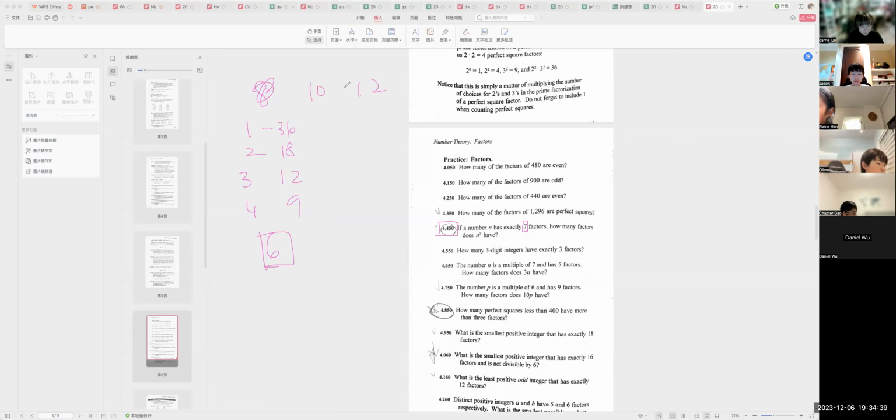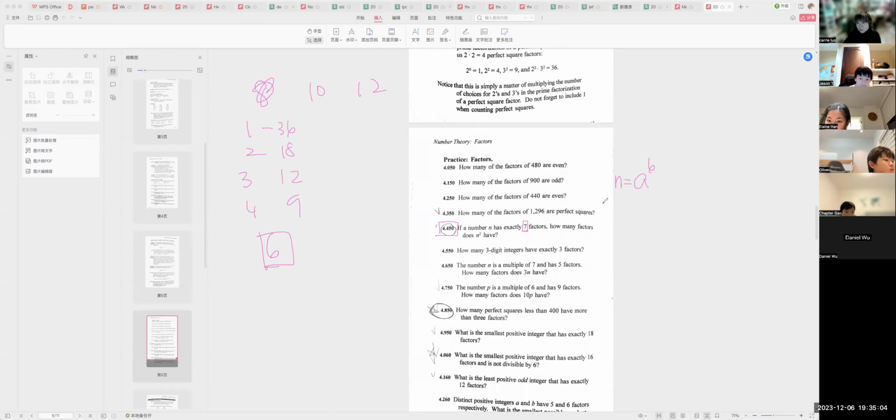想一想啊。So everybody, a number that has exactly 7 factors must be n equals a to the power 6. Correct, everybody? There's only one possibility because 7 is a prime number.